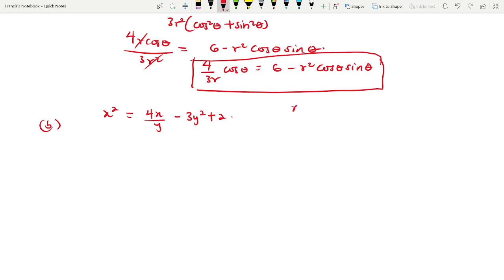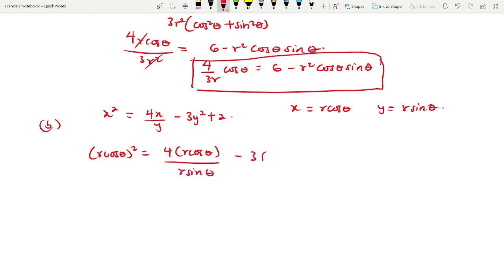As I said, generally x is giving us r cos theta, y is giving us r sine theta. Once you have this, you just make your substitution. So this becomes r cos theta all squared equals 4 multiplying r cos theta all over y, which is r sine theta, minus 3 multiplying r sine theta all squared plus 2.